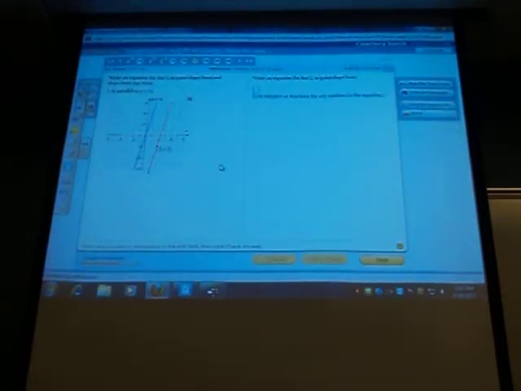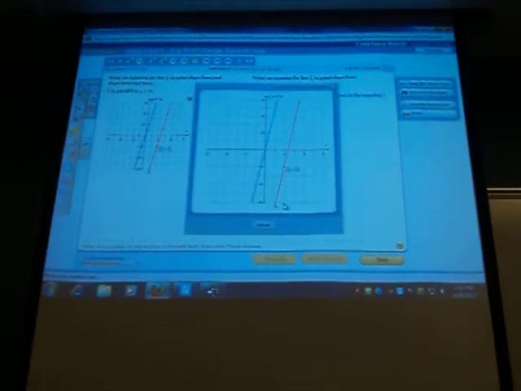Let's try a problem. Where's the problem? It's 17. Okay, so let's see what they're telling me here. The blue line there is the original line, which is y equals 5x. And the red line is the parallel line, and what they want is for me to find the equation of the parallel line, the red line.